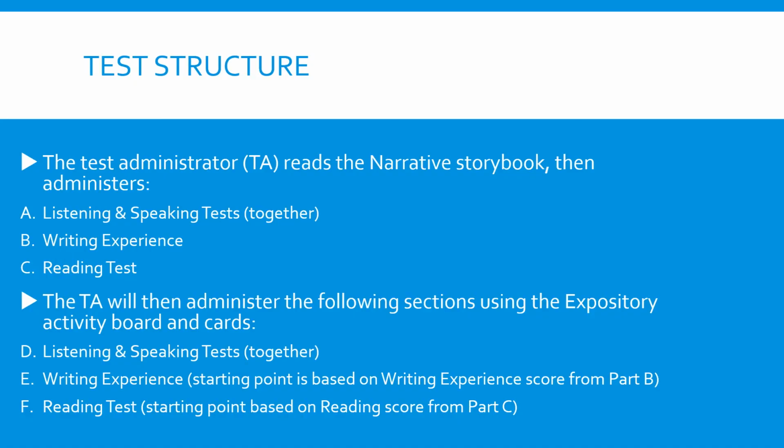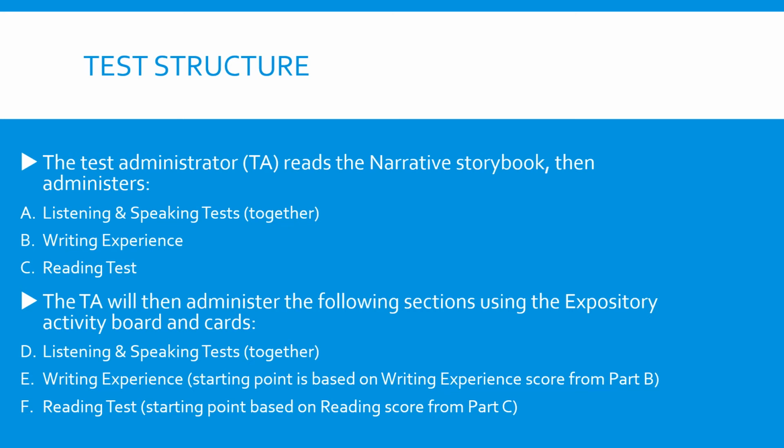Let's review the test structure for kindergarten access for ELLs. The test administrator reads the narrative storybook and then administers listening and speaking together, followed by the writing experience and then the reading test.